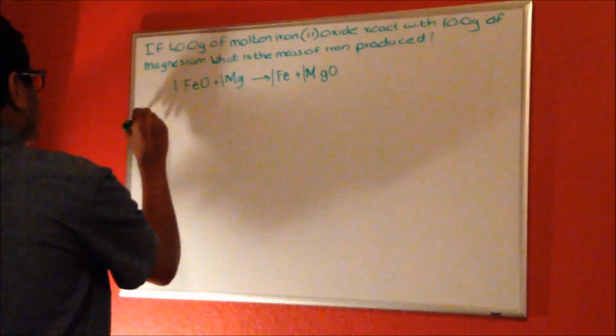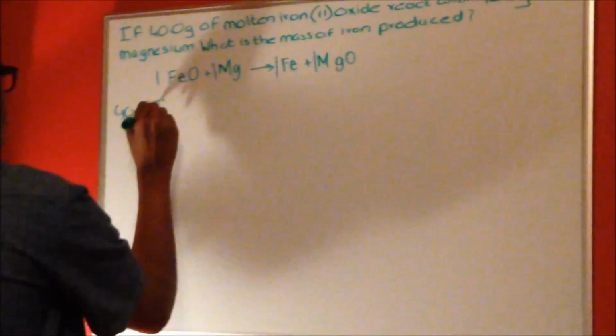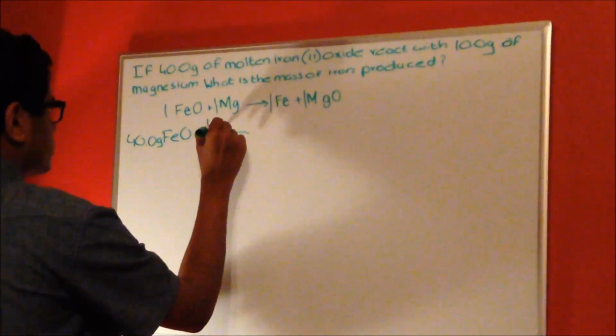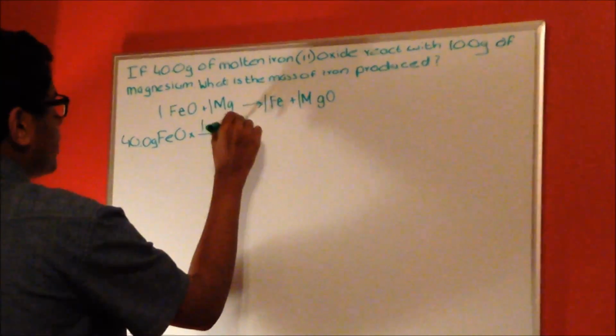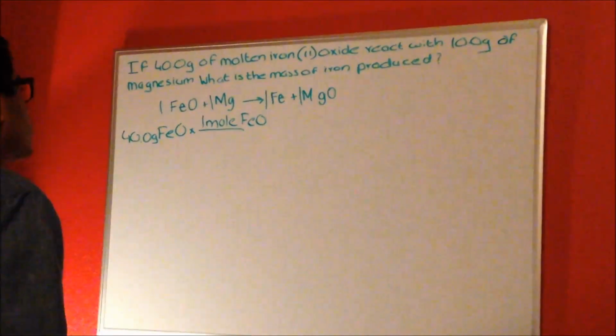So we write 40 grams of iron oxide times. To start this off, we have to go to the mole. So we write 1 mole of iron oxide over the mass of iron oxide.